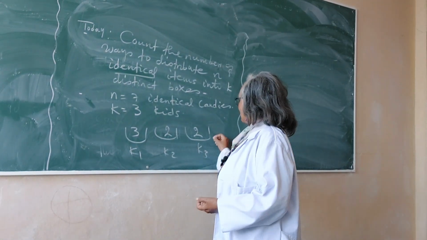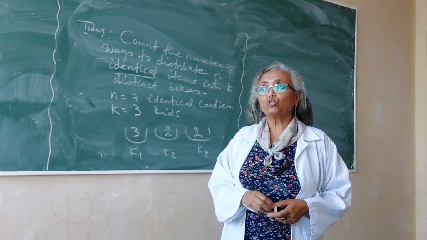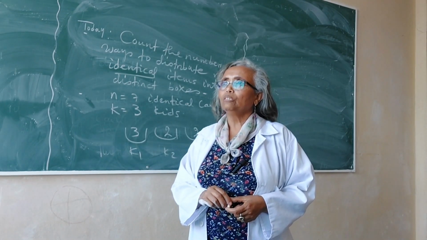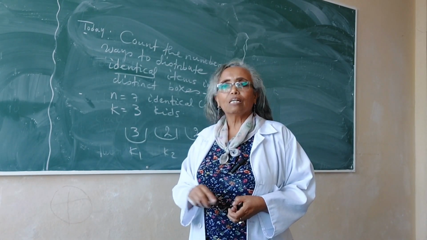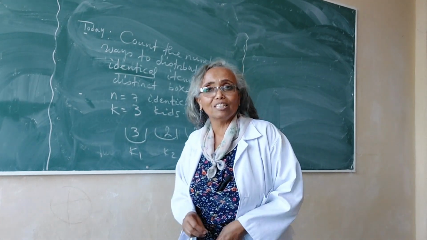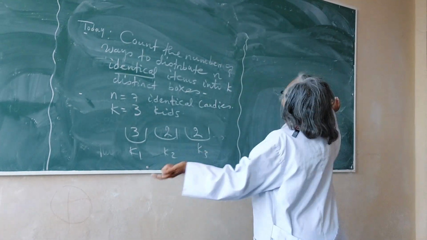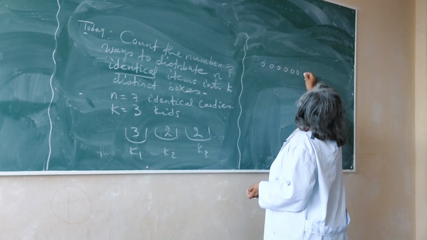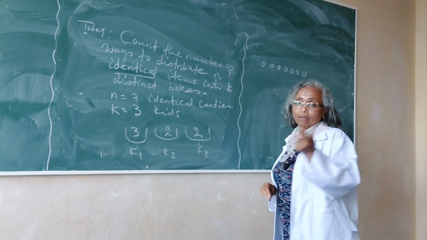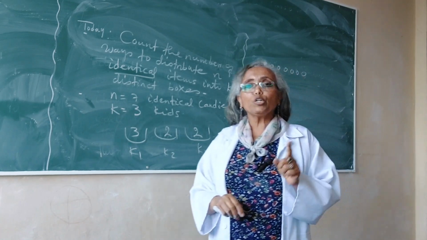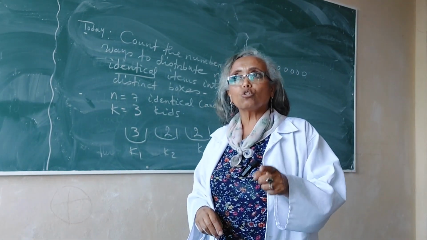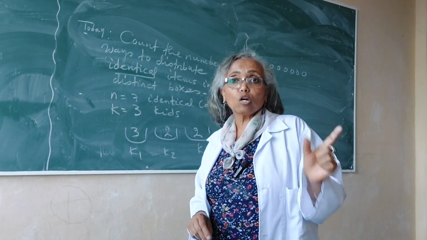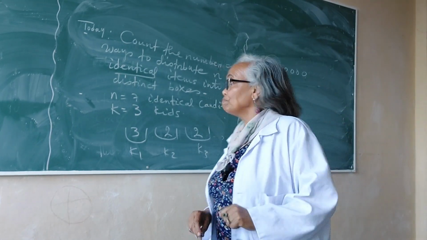From this distribution, I'm going to look for some way to make my counting life easier. Let me do this. I have 7 identical candies. I'm going to partition those into 3 groups so that a group goes to a kid.